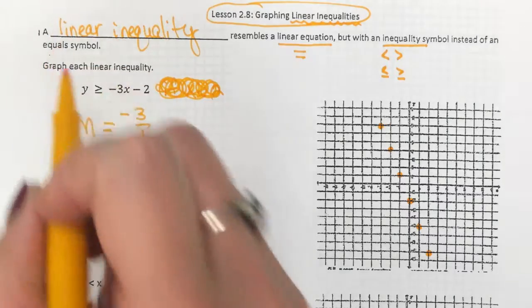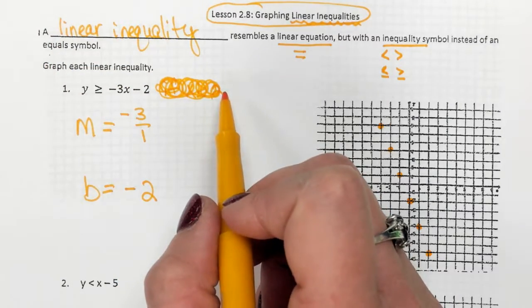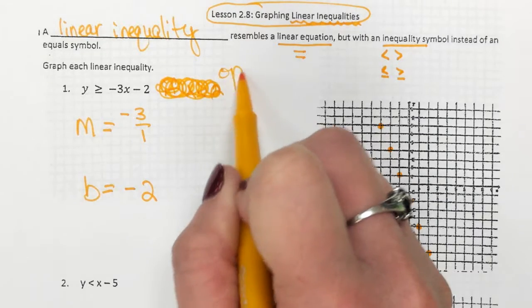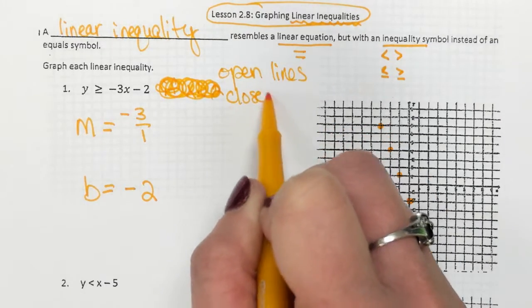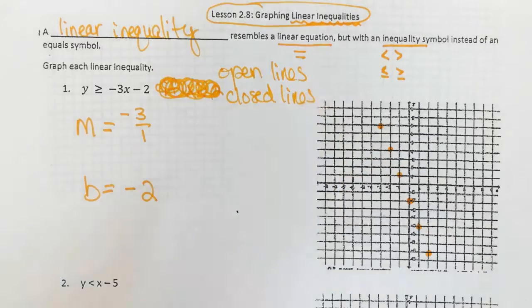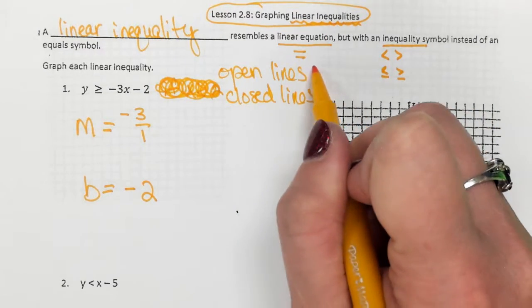All right, so do you remember open and closed dots that we did before? Yeah? Okay, so now we're going to have open lines and closed lines, okay? So what do you think an open line would look like? It would look like a dashed line. Very good.